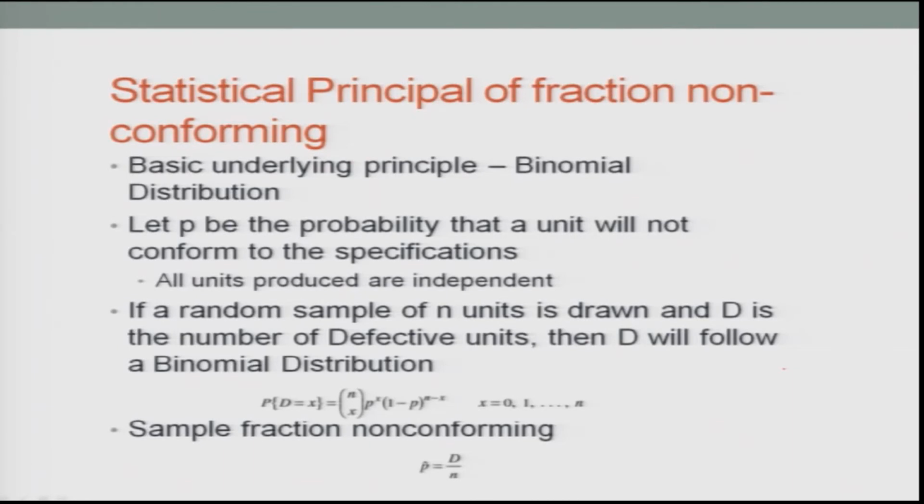If a random sample of n units is drawn and D is the number of defective items, then D would follow a binomial distribution with the corresponding PMF, because PMF is the probability mass function, which would be nCx, the number of combinations of taking x from n observations, times P to the power x, times 1 minus P to the power n minus x.